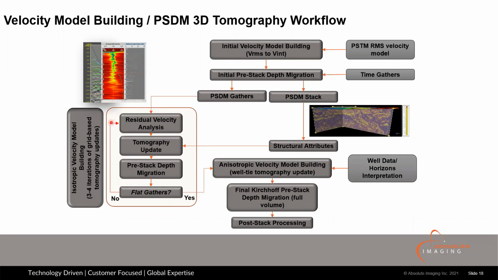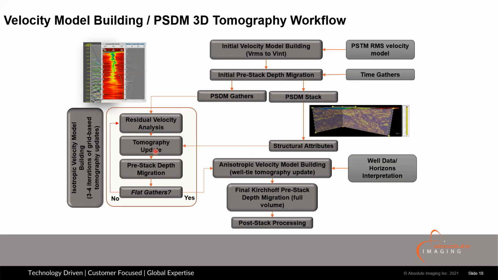On this block here, after the PSDM gathers from the initial model, we don't expect them to be flat, but somewhere closer to flat, let's say. So we need to pick some residual velocity analysis, travel time errors, and then we supply those into the tomography along with the structure attributes.